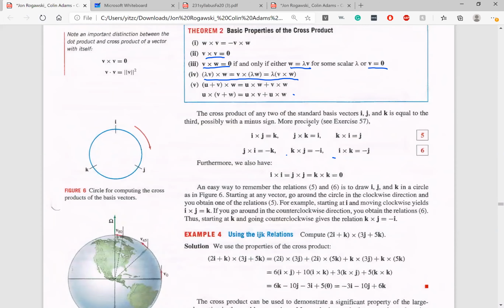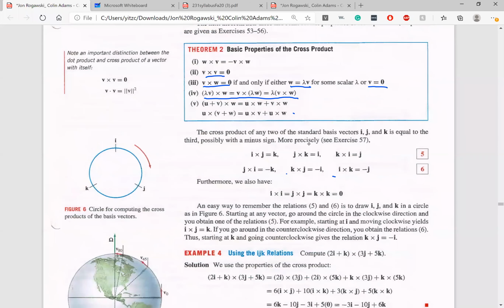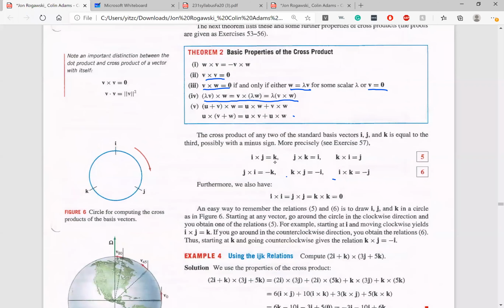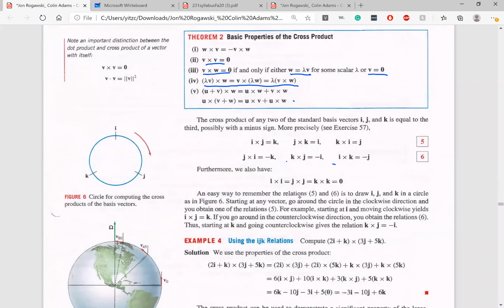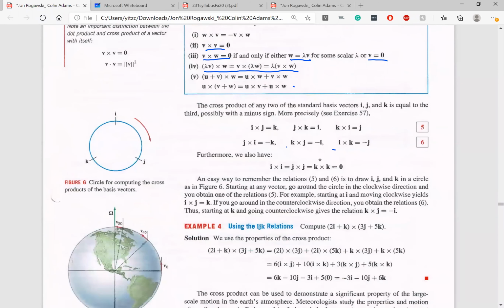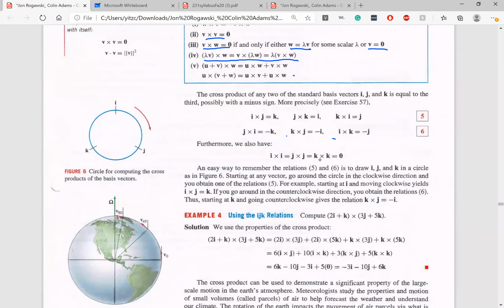We have these relationships that just come out of the fact that for the cross product, we need to find a vector orthogonal to them. So the vector orthogonal to I and J is K, and so on. And obviously, I cross I, J cross J, and K cross K are 0.